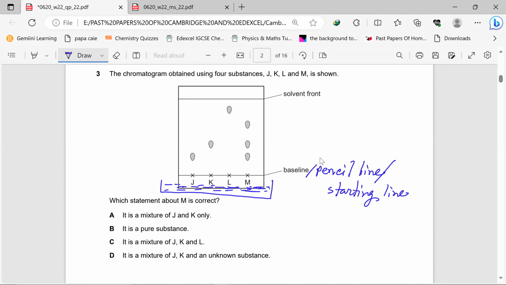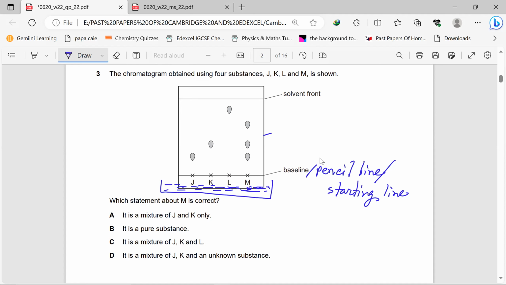This chromatography paper is mainly filter paper cut in rectangular shape, and filter paper has absorption capacity, so it can absorb solvent. The solvent will run, and the point up to which the solvent runs is called the solvent front.